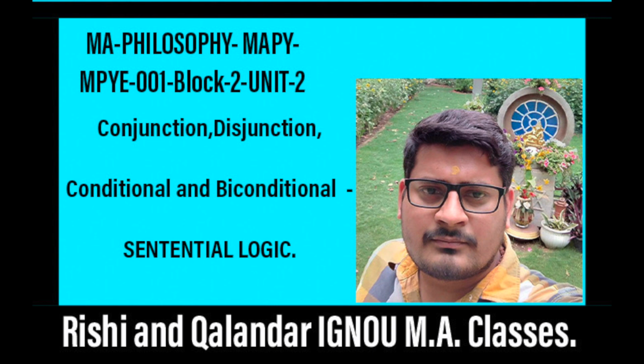B. Q ⊃ (P . ~Q) = 0 ⊃ (1 . ~0) = 0 ⊃ (1 . 1) = 0 ⊃ 1 = 1.